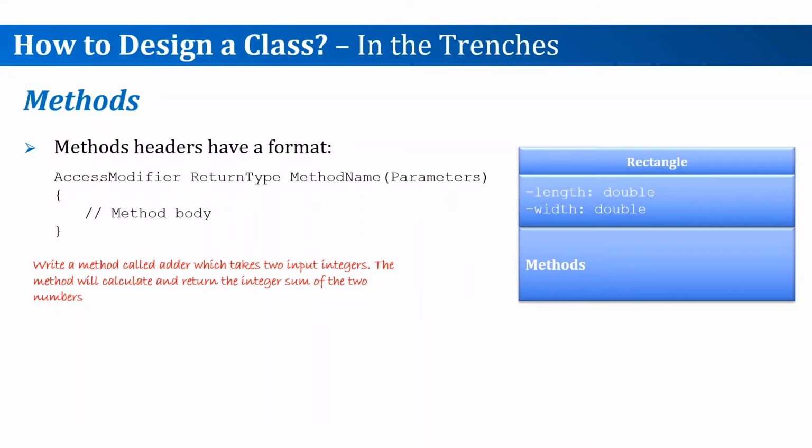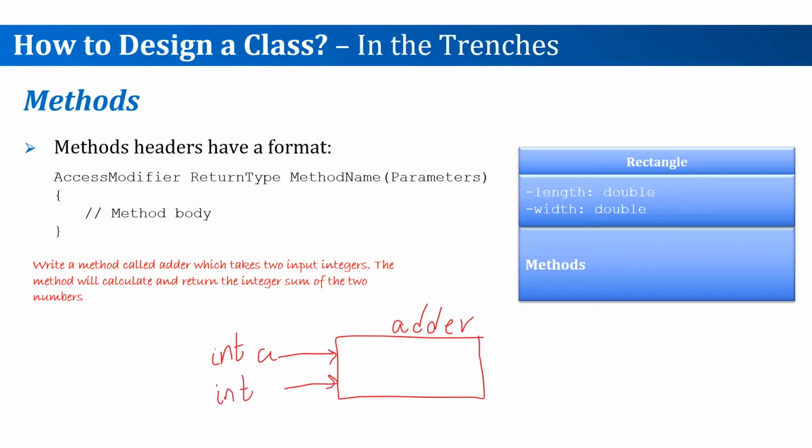Alright, one way to think about it is to say my method is like a box that I will name adder. It takes two inputs, a and b, it calculates the sum, which is a plus b, and stores it in c. Then it outputs c. So how does that relate to my method header? The access modifier, as we said, will be set to public.